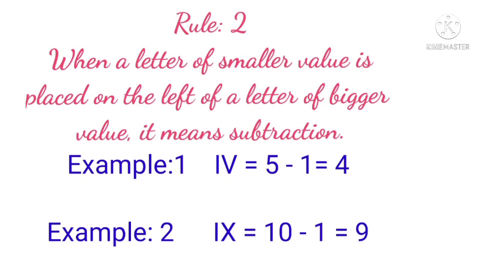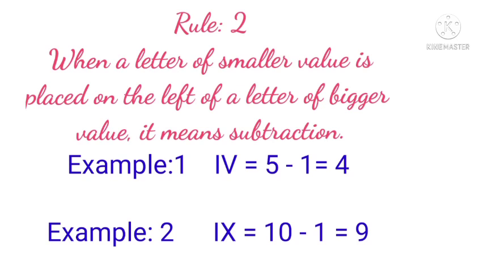Rule 2. When a letter of smaller value is placed on the left of a letter of bigger value, it means subtraction. Example, IV, which is equal to 5 minus 1, that is equal to 4.